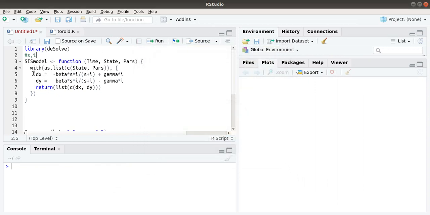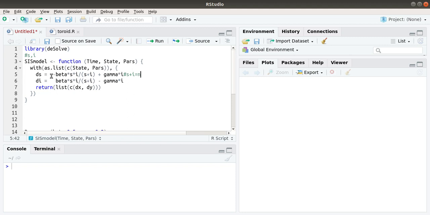The differential equations corresponding to beta and gamma, for susceptibles and infected, are minus beta times S times I divided by N plus gamma I. That means beta times S times I divided by N, and S plus I is actually N. So this many people move from the susceptible compartment to the infected compartment.